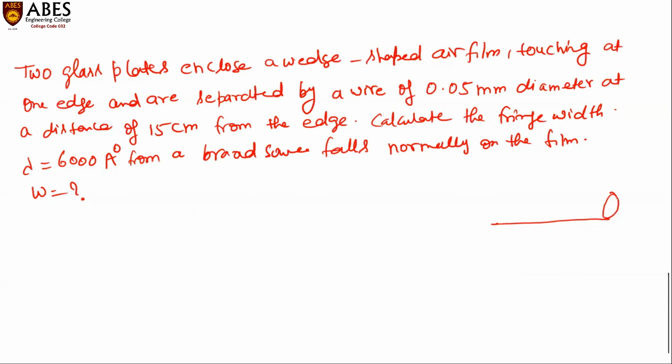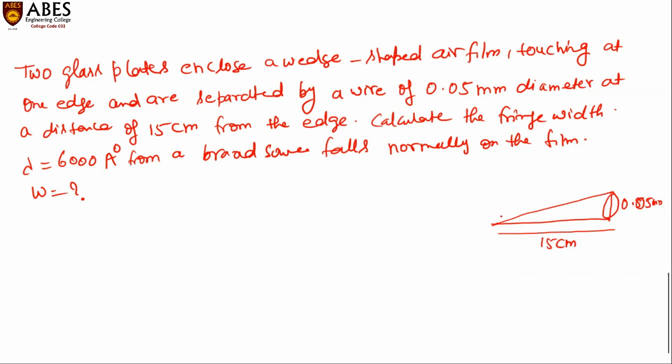Suppose this is the wire, which has a diameter of 0.05 mm. This distance is 15 centimeter.